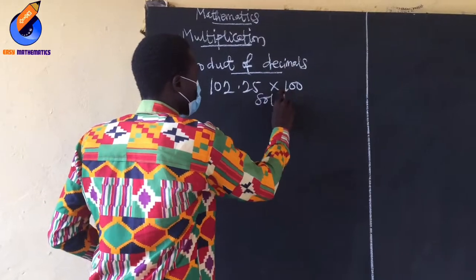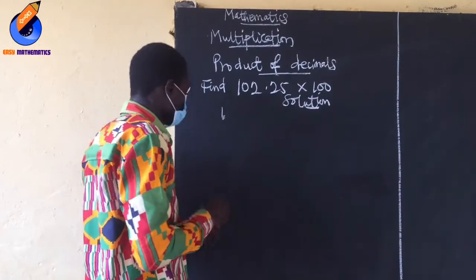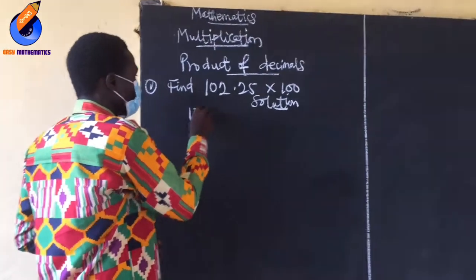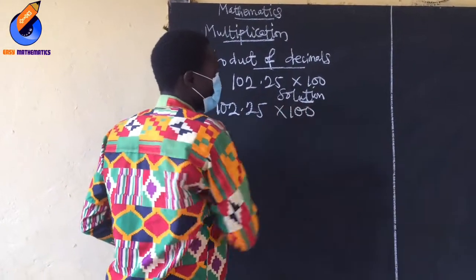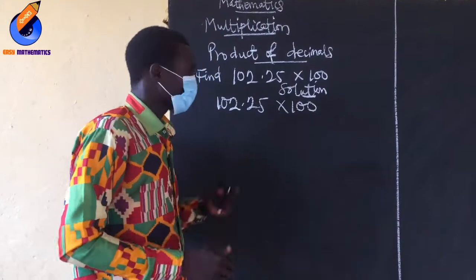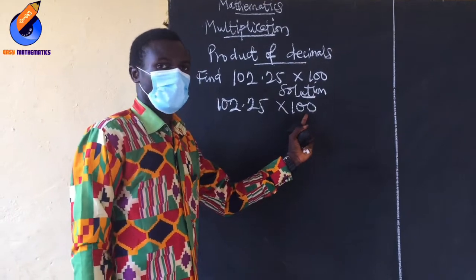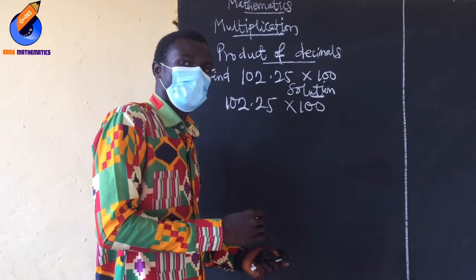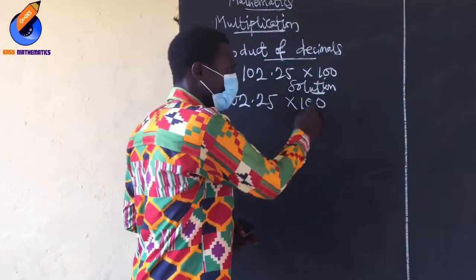If you want to multiply these numbers, 102.25 times 100. Now when you look at this number, this is a decimal number and this is a whole number. So either we change the decimal into a whole number, then we multiply with the whole number 100.